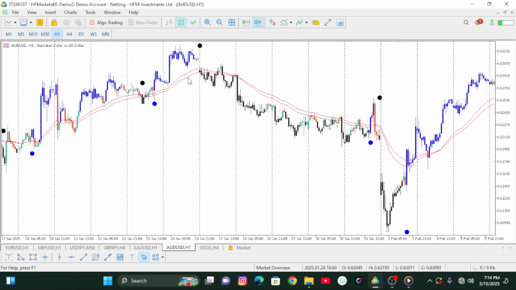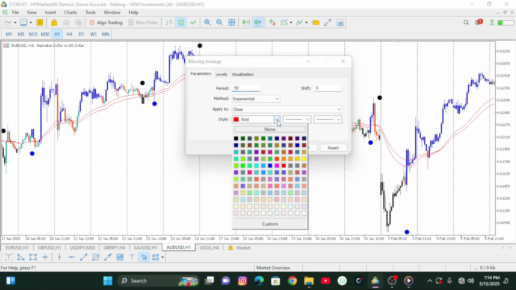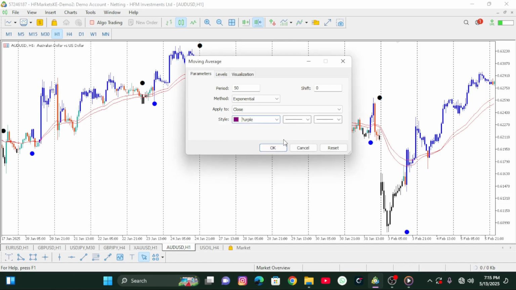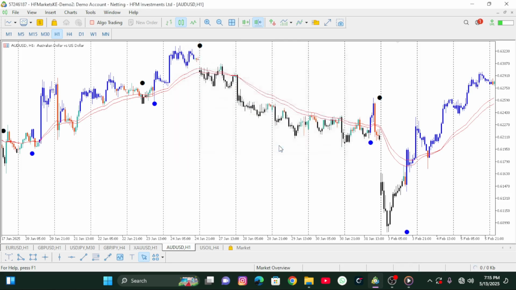Okay, let me change the color, let me assign it a different color. I would want to assign it a color that will be visible. Let me increase its thickness. Yeah, I think that should do it.